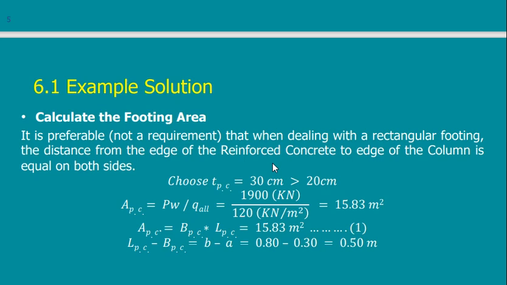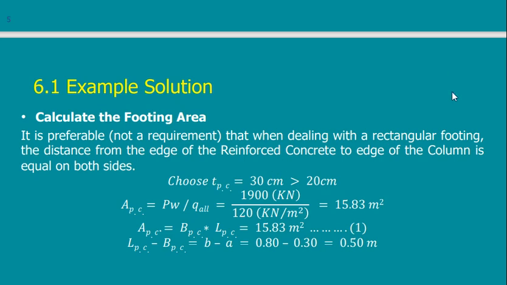In this case, it will be the dimension of the plain concrete. I will take the column load, divide it by the bearing capacity of the soil, and it will give me an area. This area will be the area of the PC, because the PC is what will be in contact with the soil.